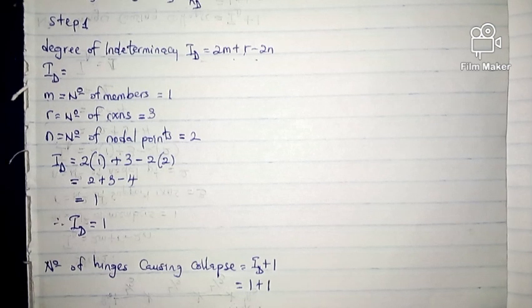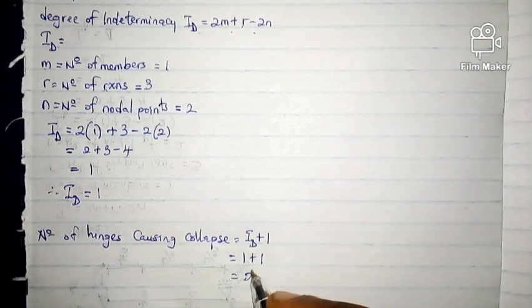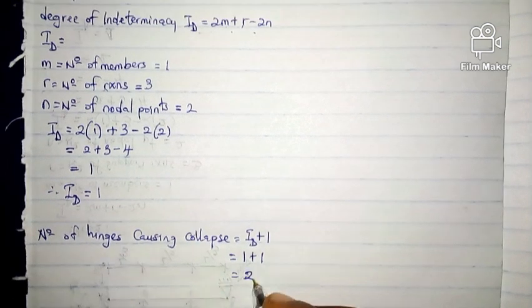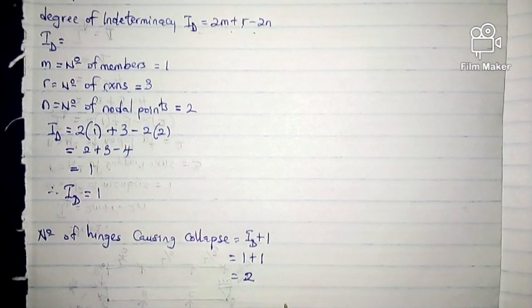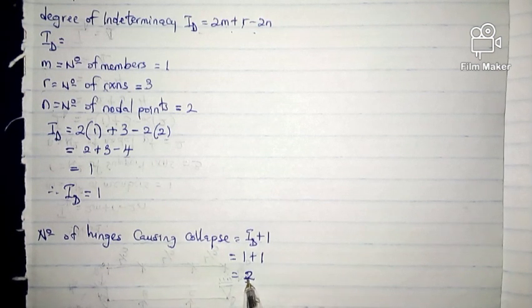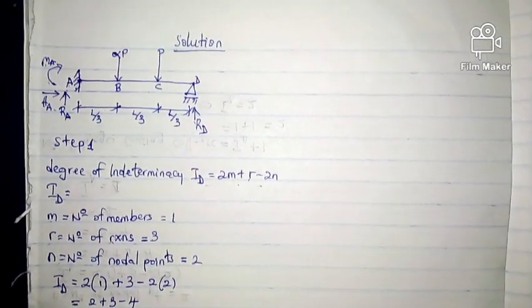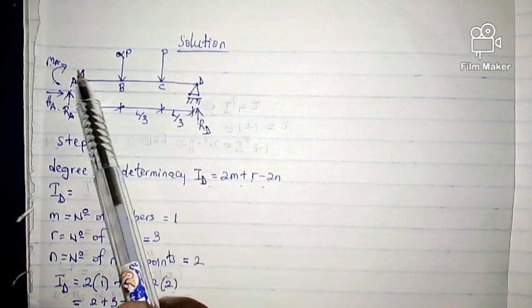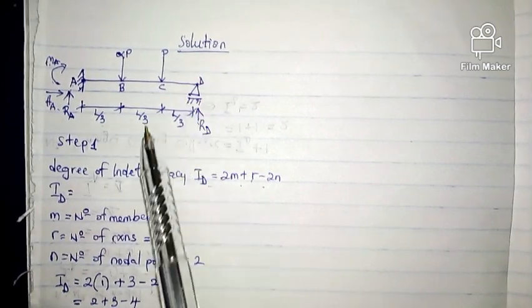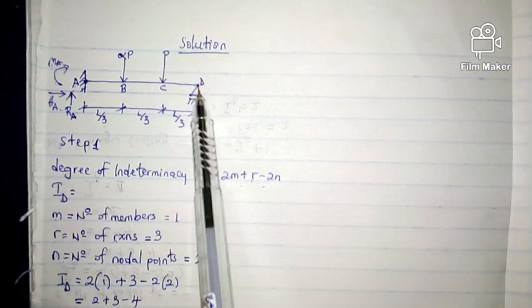This number of hinges is equal to 2. That is to say that two hinges will be formed on our cantilever.